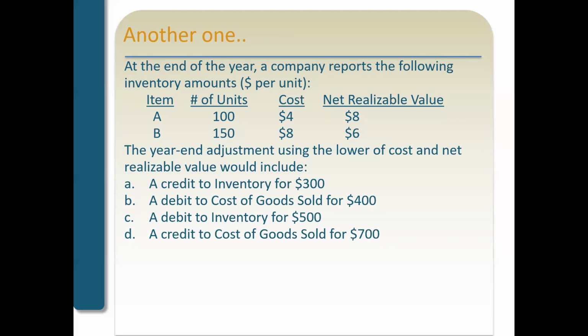Come on, guys. What's it going to use? Won't it be a credit to inventory for 300 and a debit to cost of goods sold for 300? Right? Because of the net realizable value, won't we be adjusting those?